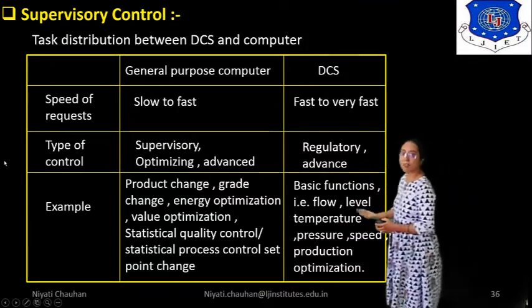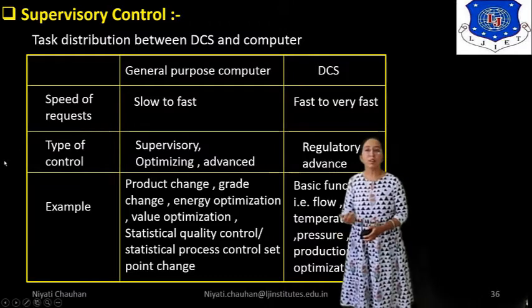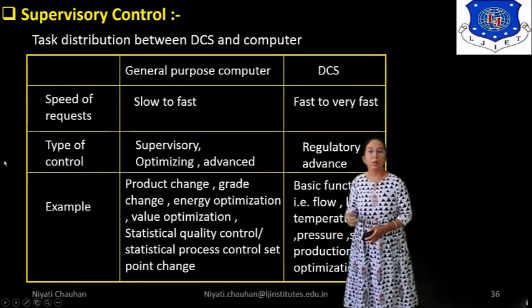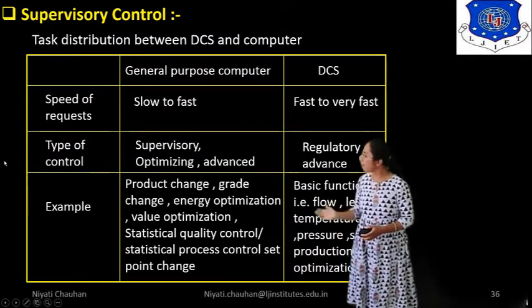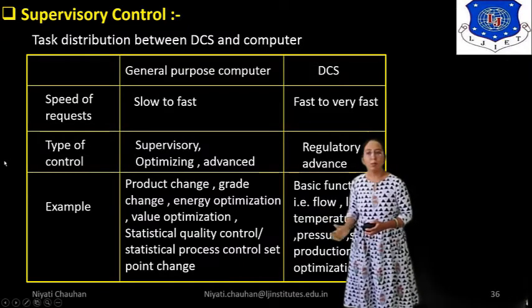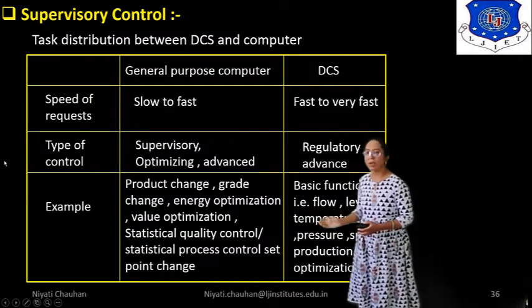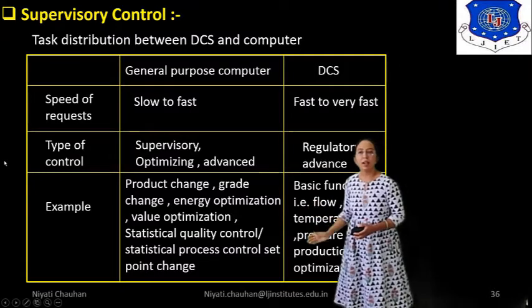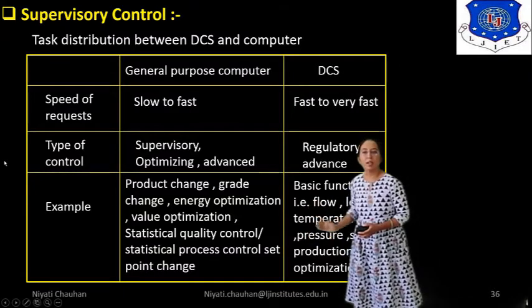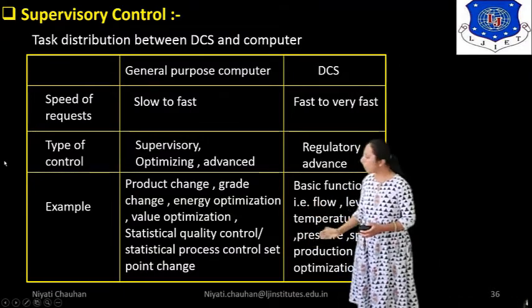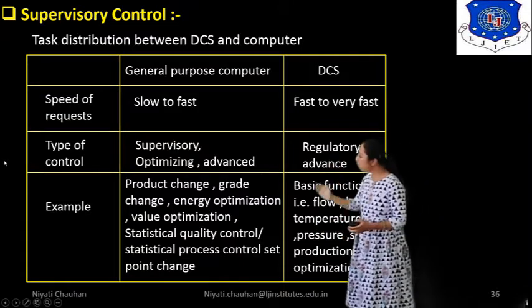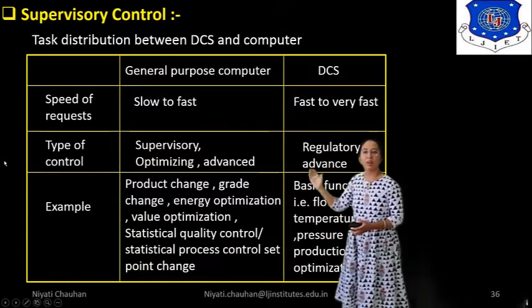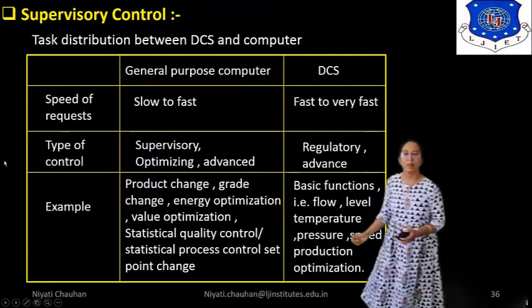Next, examples. For a general purpose computer: product change, grade change, energy optimization, value optimization, statistical quality control, statistical process control, set point change. So these are functions for a general purpose computer.